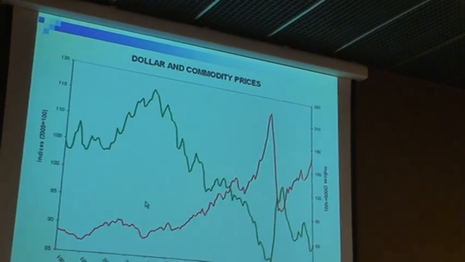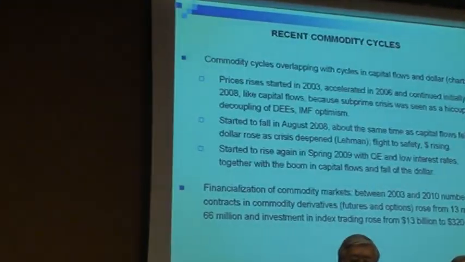Why? I think what we saw in the past decade, I'm talking about the years 2000, increased financialization of commodity markets. Commodities have started to act as a special asset class in the portfolio of international investors, and has become an attraction for speculation to benefit from changes in prices over time.